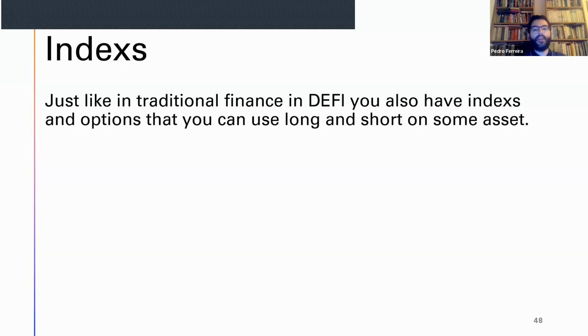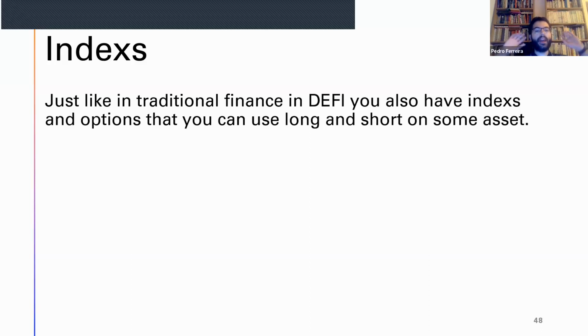Just like in traditional finance, you also have indexes. What are indexes? Imagine that you want to invest in the DeFi world, just in the stablecoins world, just in the liquidity staking derivatives world, just in NFTs, etc. What DeFi allows you is to create indexes, just like the indexes in traditional finance.